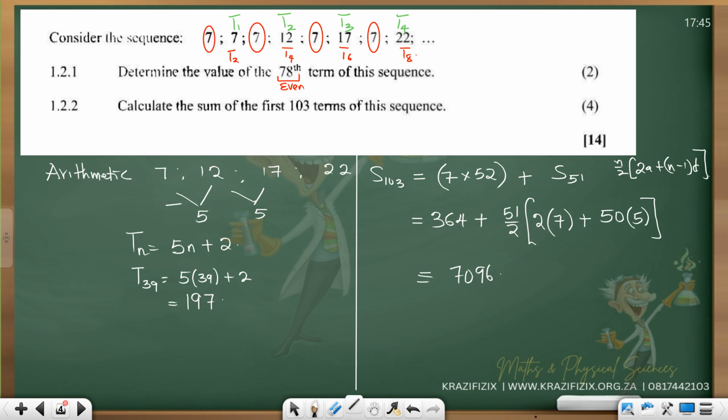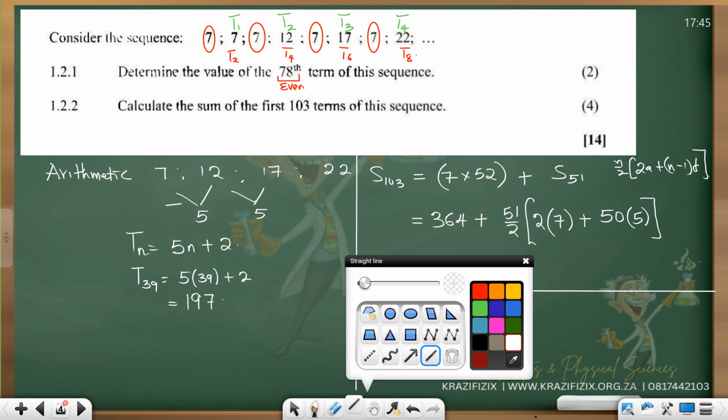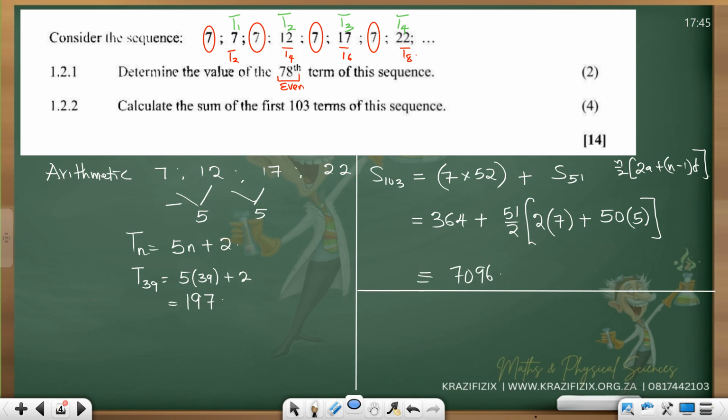So if it is a pair, I think that would make more sense. For every circle that I draw, that's a pair. Are you seeing that, right? So I have a 7 and an arithmetic. I have another 7, A1. I have arithmetic 2. I have 7 and I have arithmetic 3. How many terms do I have now?